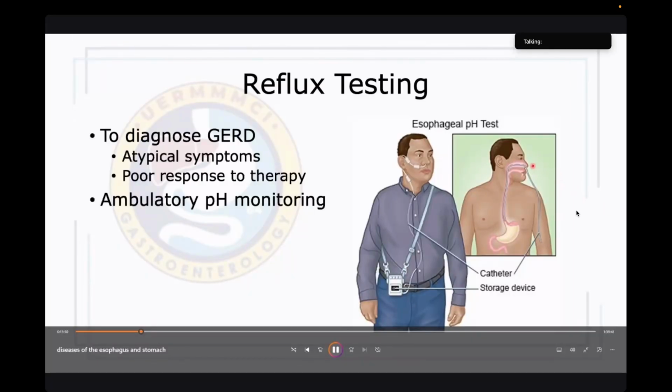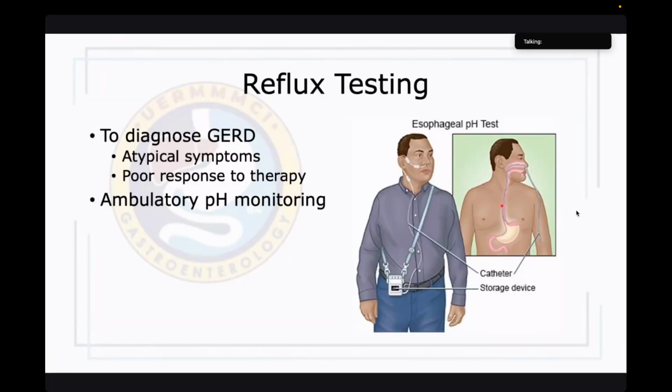You insert a thin catheter with a pH sensor through the nose and down to the distal esophagus. And then the sensor records acid levels continuously for 24 hours while the patient goes about his normal activities. It then measures the number of reflux episodes, the duration of acid exposure, and most importantly, the association between the presumed reflux event and the symptom of the patient. So the patient is asked to press an event button when the symptoms occur.